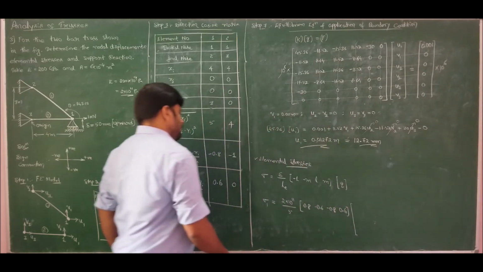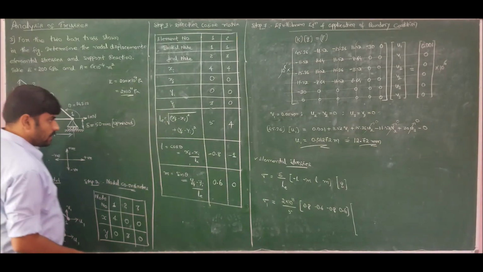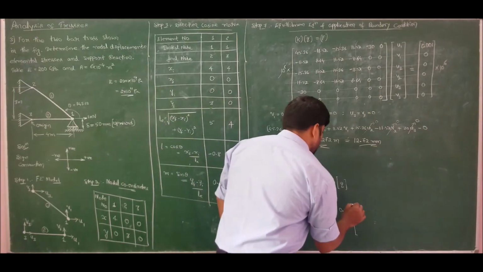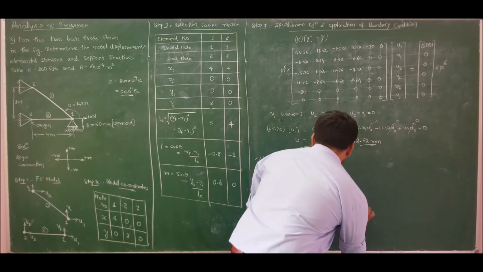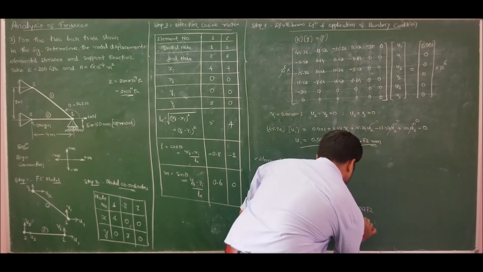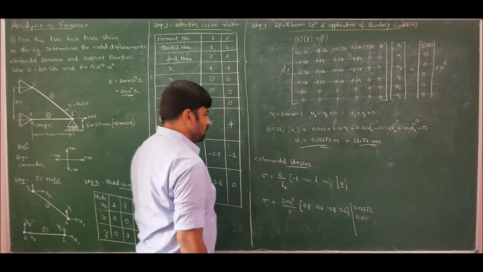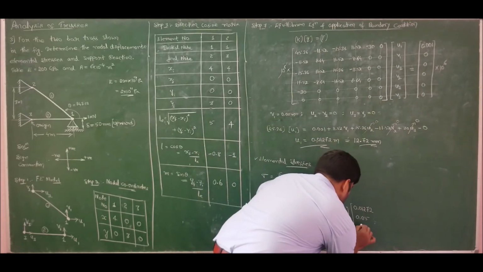Now for element 1, the displacements are U1, V1, U2, V2. U1 in meters is 0.01272 meters. V1 in meters is 0.05, given as 50 mm. U2 and V2 are 0.